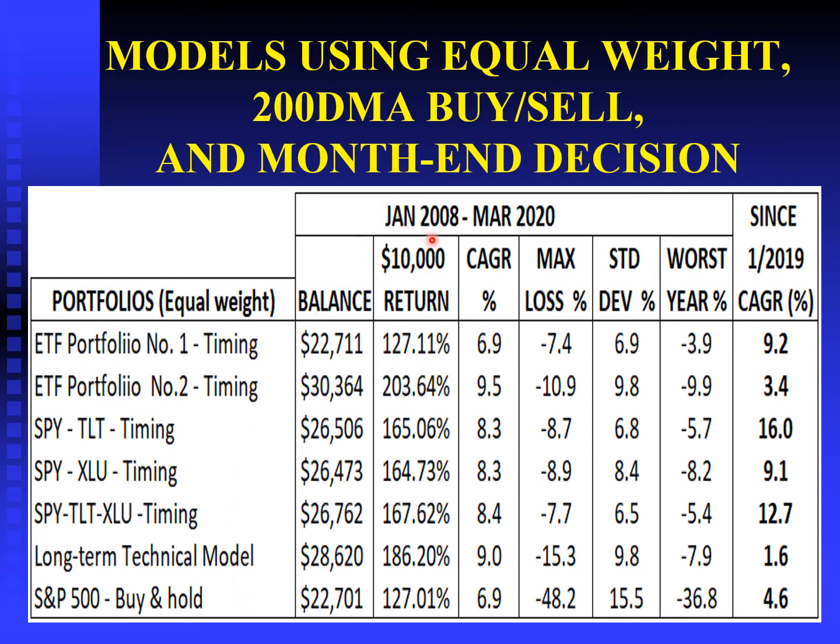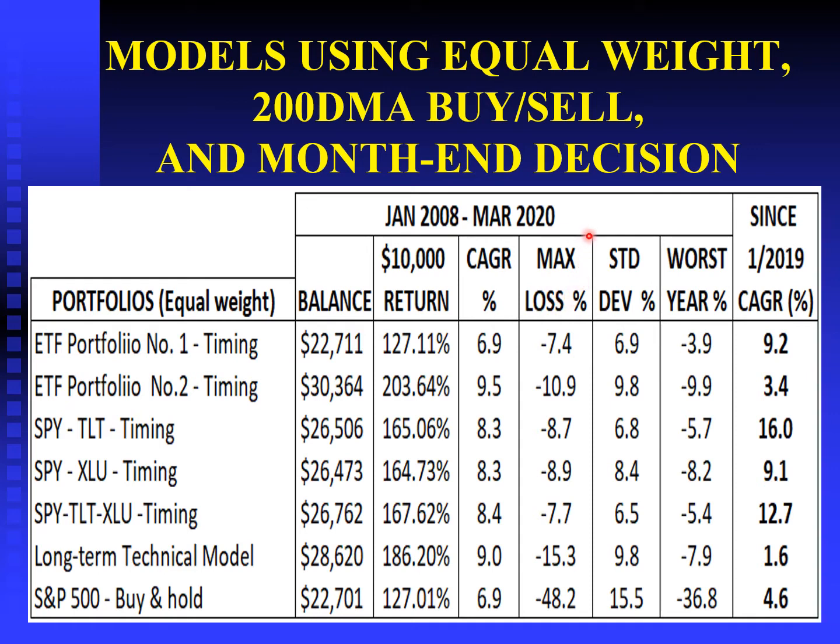The test has been done from January 2008 to March 2020 at the end of every month. This is the balance of the portfolio as of March 2020. This is the return of $10,000 invested in January 2008. This is the compound annual growth rate of the portfolio, the annualized rate of return. This is the maximum loss that the portfolio would have had.